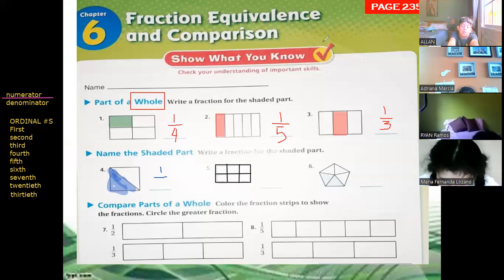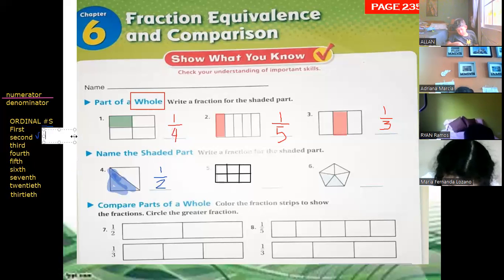Okay, not 1, 2, because remember that you have to use ordinal numbers. And the number 2 in this case is second. The ordinal number for 2 is second. So it's 1 second.